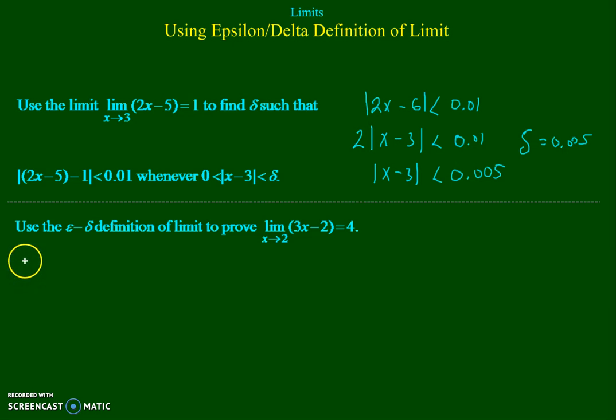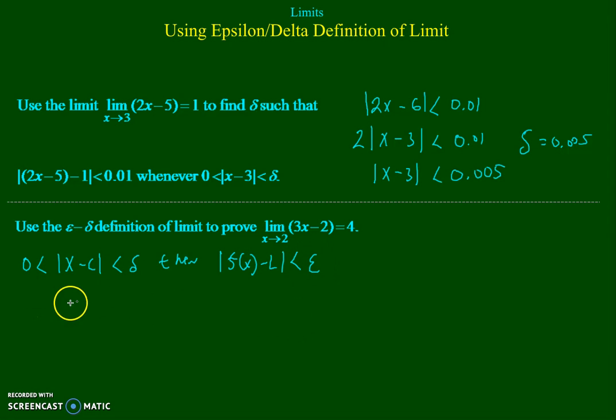We know that if 0 is less than the absolute value of x minus c, which is less than delta, then the absolute value of f of x minus L has to be less than epsilon.